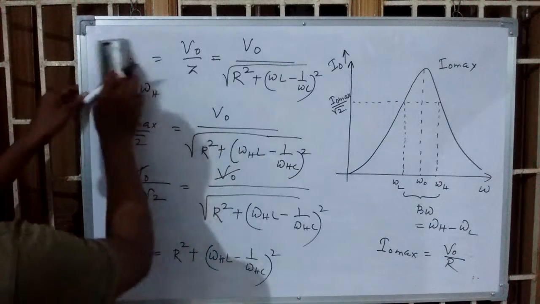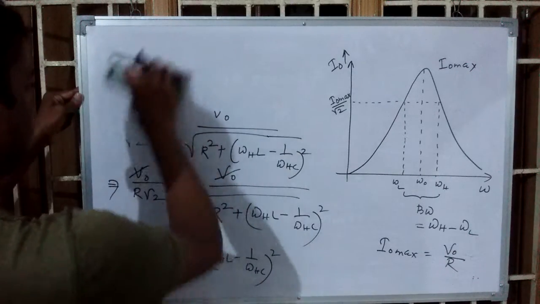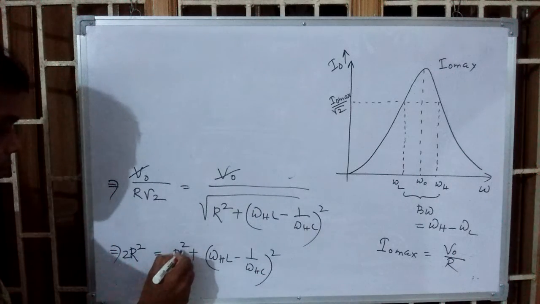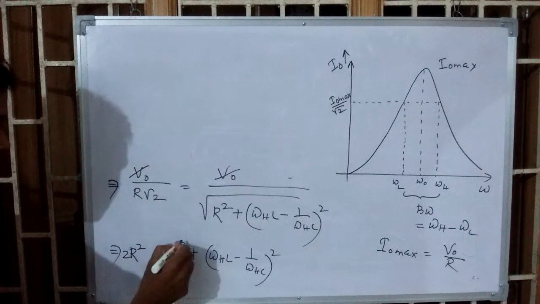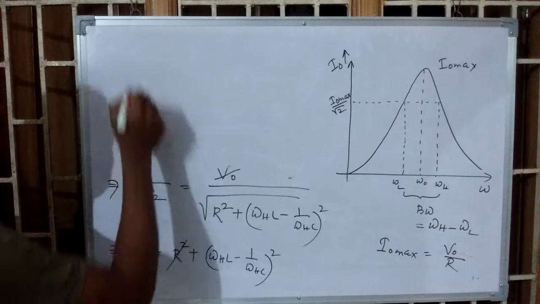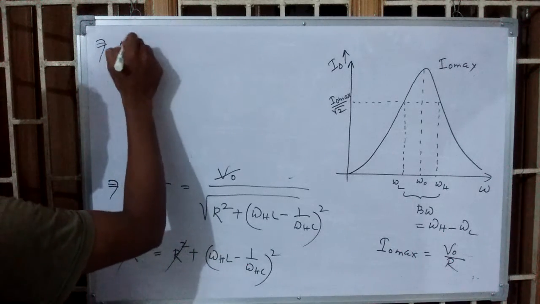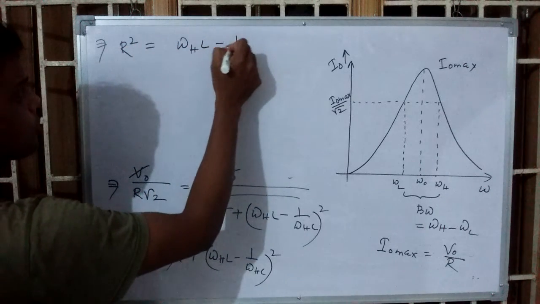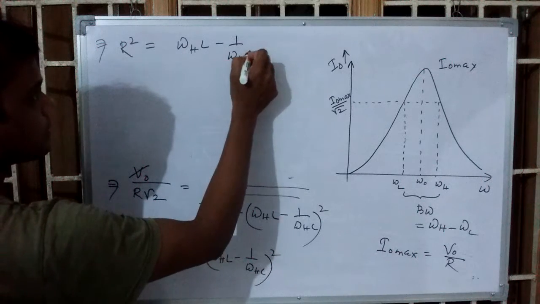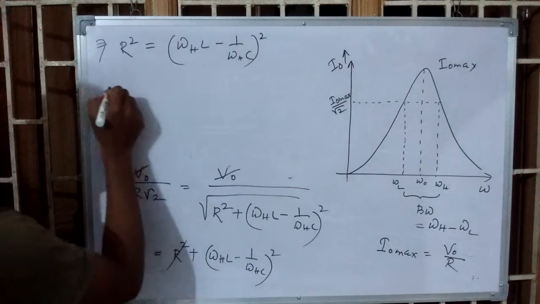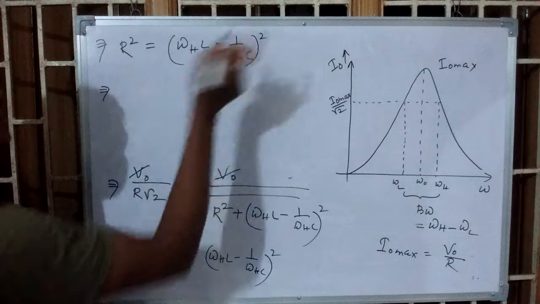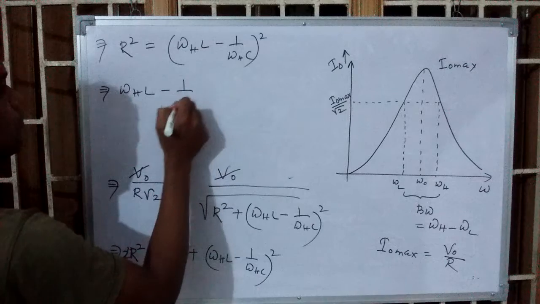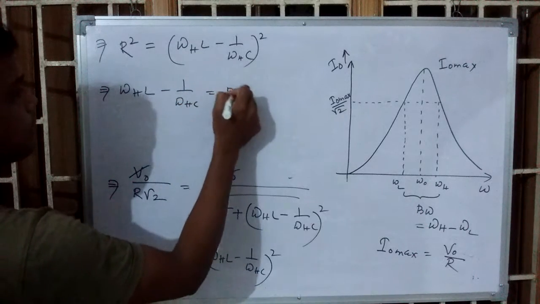Now there is one R square on the right side and two R square on the left side, so one will cancel out. It will become R square is equal to omega h L minus 1 by omega h C whole square. The square gets cancelled, so omega h L minus 1 by omega h C will be equal to R.